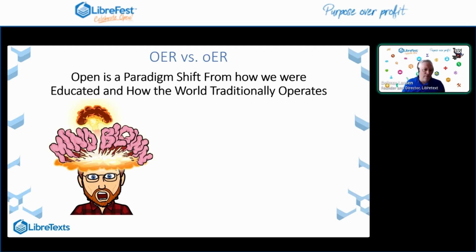Now, the other thing that's particularly important here is that when you create material and you put a license on the material, you give permissions to use it, unless that license says very clearly that only one person's allowed to use it, but another person's not allowed to use it. For example, if I create something that said, here is a textbook, but only people in Davis, California are allowed to use it, and if you're outside of Davis, California, you're not allowed to use it.